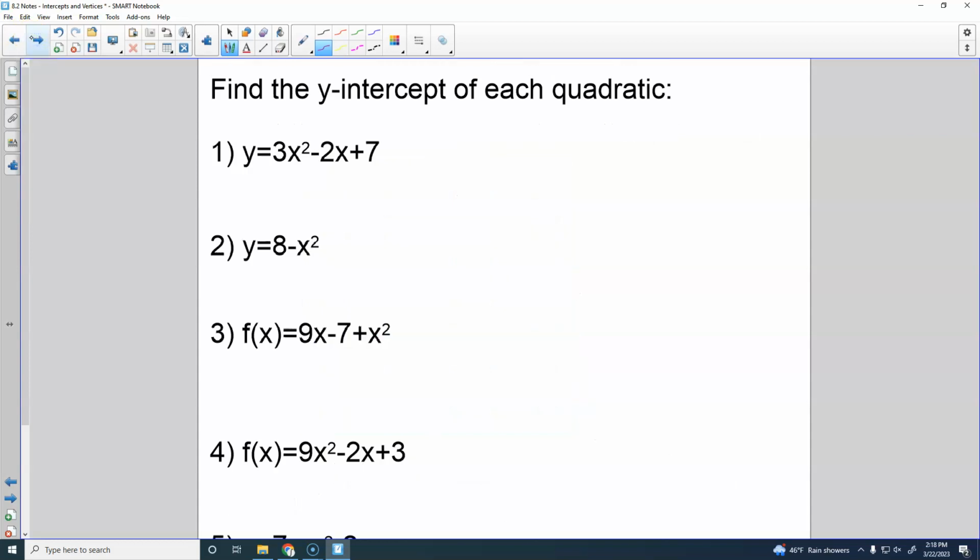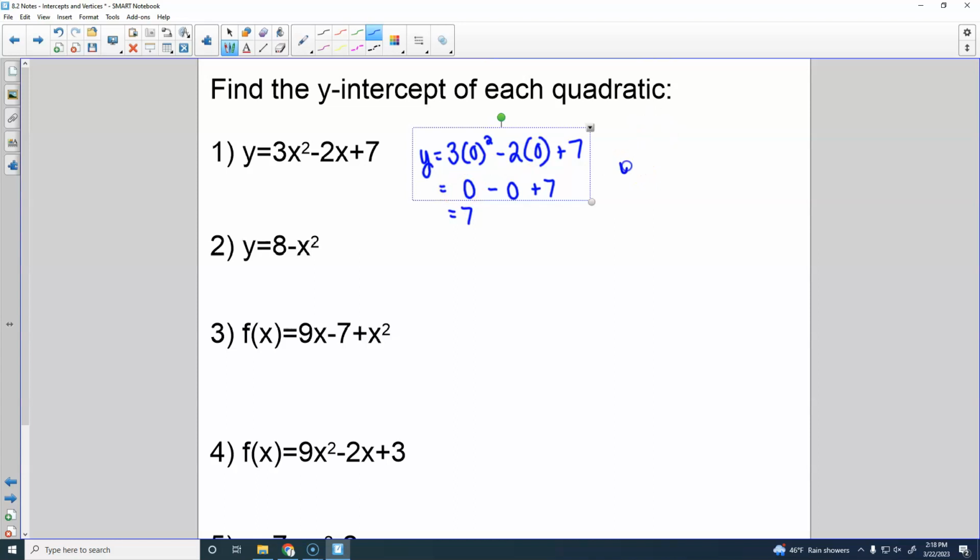All right. So if I want to find the y-intercept of this first one on the next page, I'm going to say y equals 3 times 0 squared minus 2 times 0 plus 7. What's 0 squared? 0. So 3 times 0 would be 0. 2 times 0 would be 0, plus 7. So I would get 7.